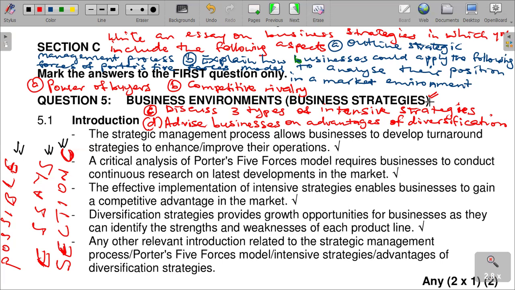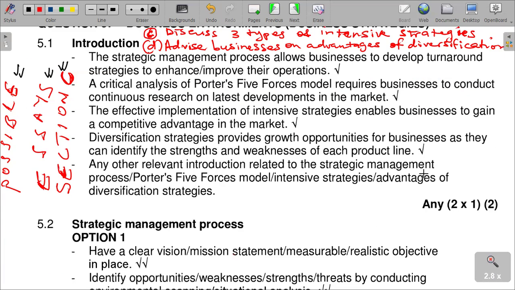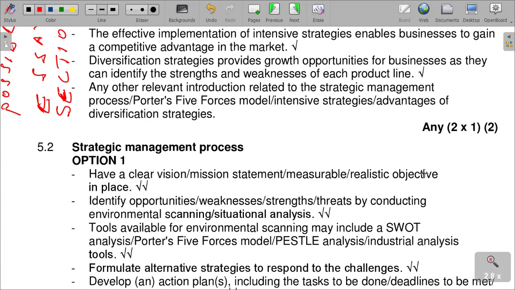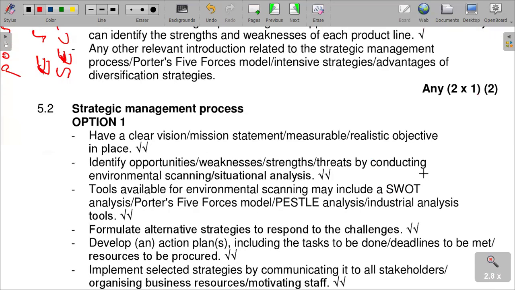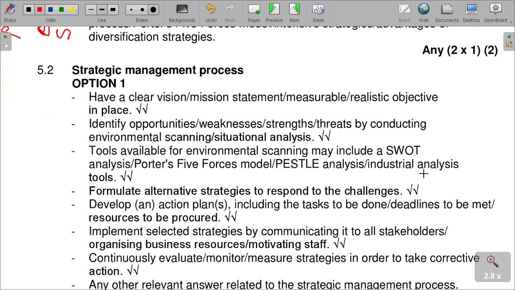You can either start by explaining the strategic management process, or talk about a critical analysis of Porter's five forces model, or explain how diversification strategies provide growth for businesses as they can identify the strengths and weaknesses of their product line. Any of those can be a good introduction to your essay.